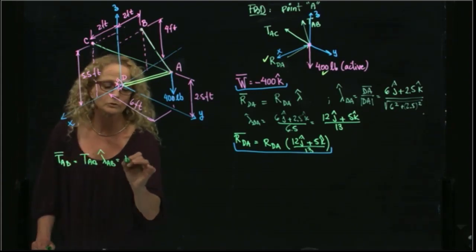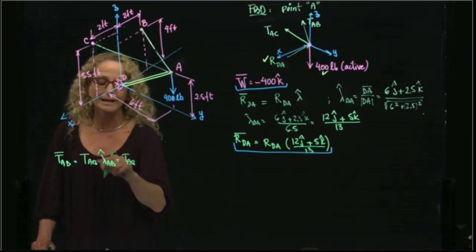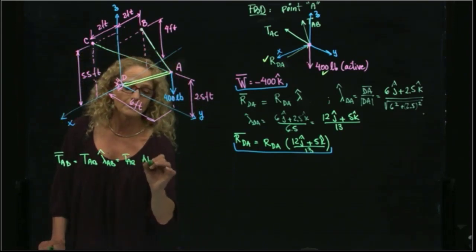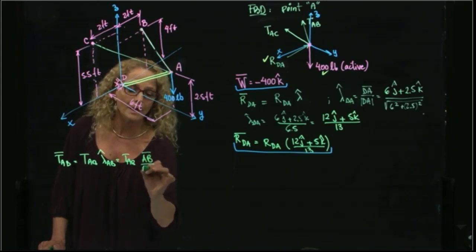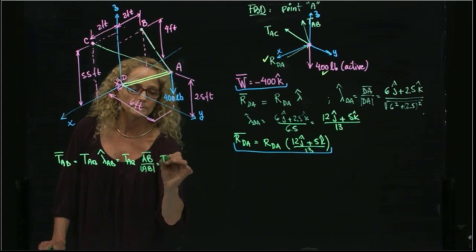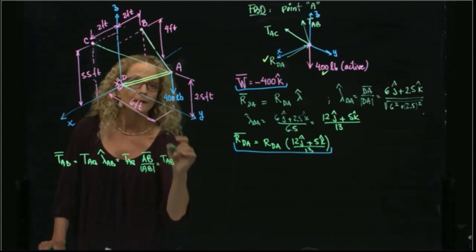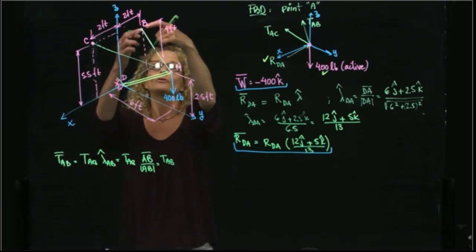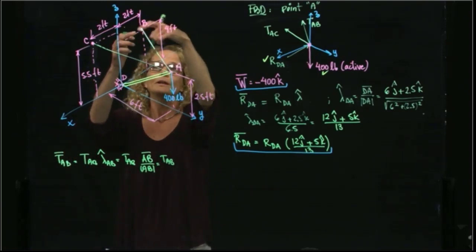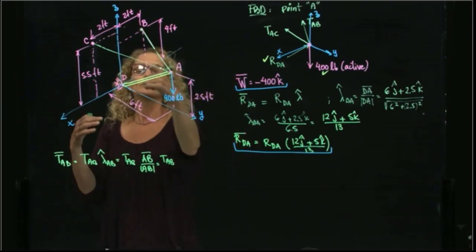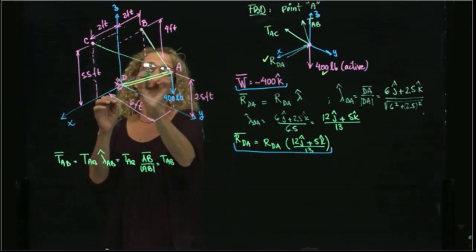AB as a vector will be equal to TAB, the magnitude, times the direction AB. That will be equal to TAB times the vector AB over the magnitude of that vector. I can get the vector AB, as you recall, by subtracting the coordinates of B minus the coordinates of A, or I can do it by covering the distance.